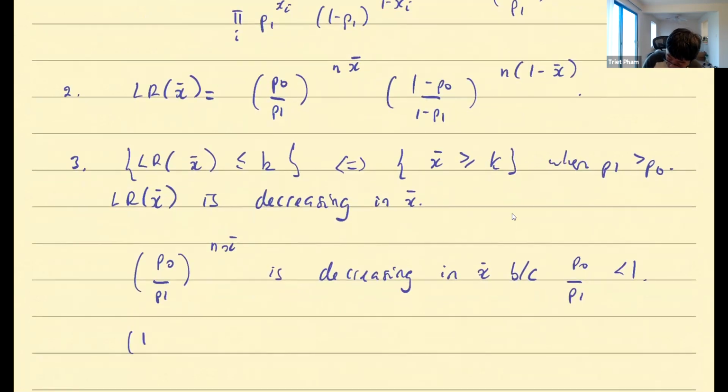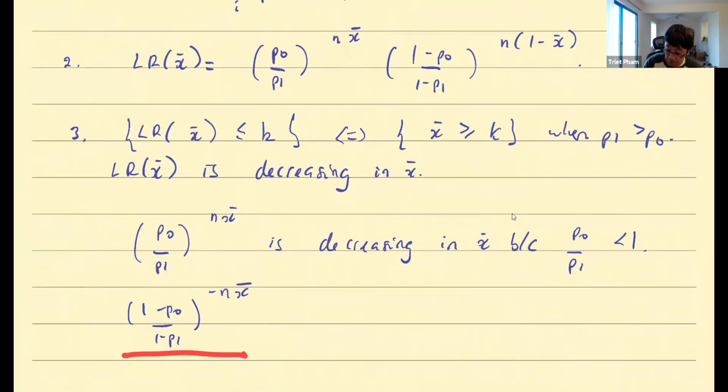Then the other piece. What's relevant? The only relevant piece is this. Agree? So this right here is irrelevant. Is this decreasing in X bar?